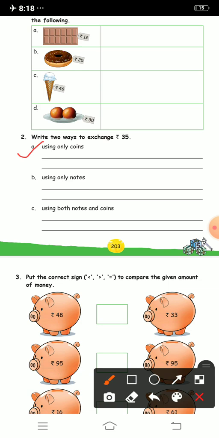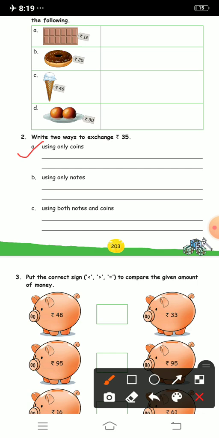So you can take 3 coins of rupees 10 and 1 coin of rupees 5. Okay. So here you can write that 3 coins of rupees 10 and then 1 coin of rupees 5.